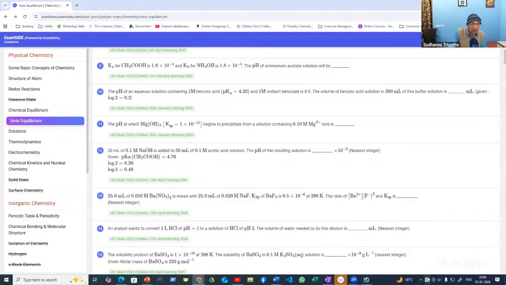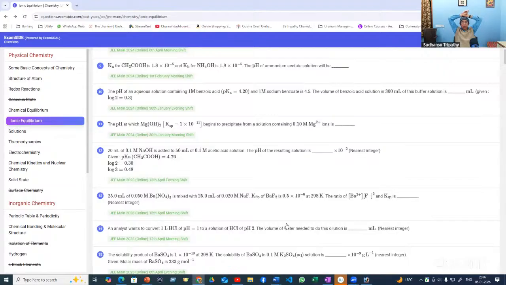The pH of an aqueous solution which is 1m benzoic acid and 1m sodium benzoate is 4.5. The volume of benzoic acid solution in 300 milliliter of the buffer solution is blank ml.